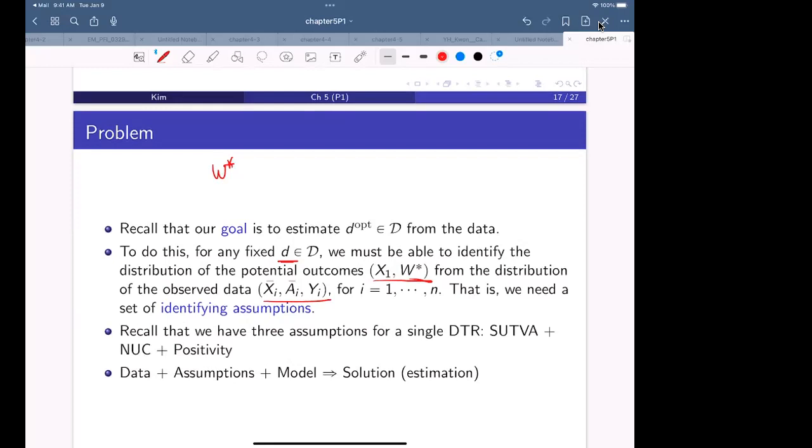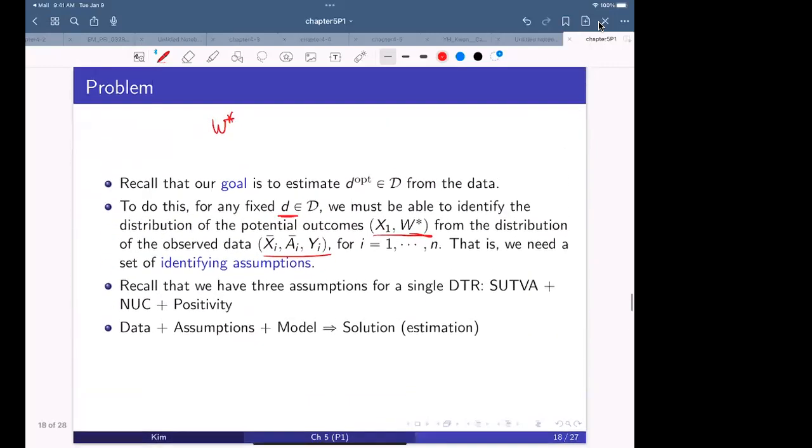Identification of the distribution of the potential outcome from the observation. We'll basically need the same set of three assumptions, but because of the sequential nature, the context is a little bit different.